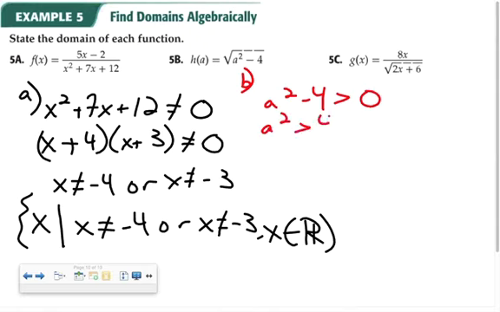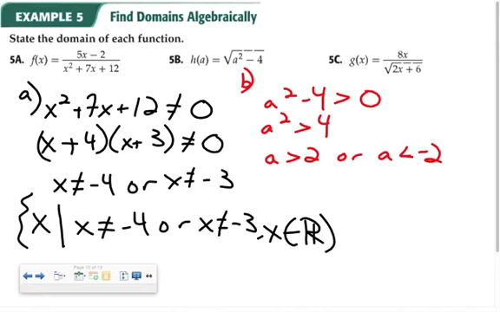So a squared needs to be greater than 4, and when I take the square root of both sides, I need to be very careful about what kind of numbers I can square and be greater than 4. A can be greater than 2, or A can be less than -2.